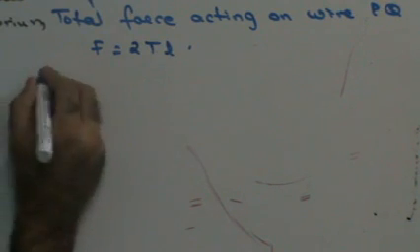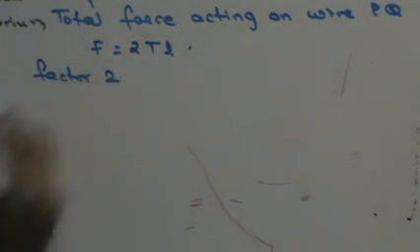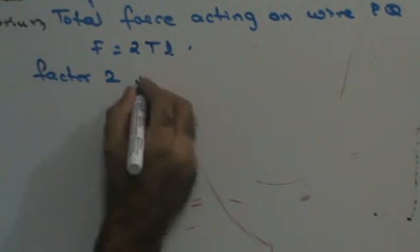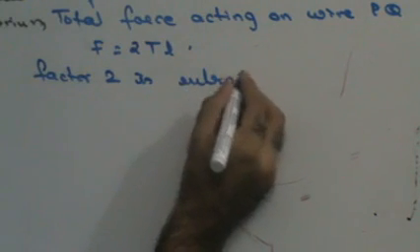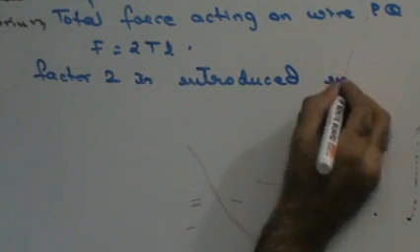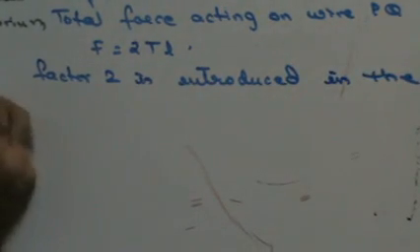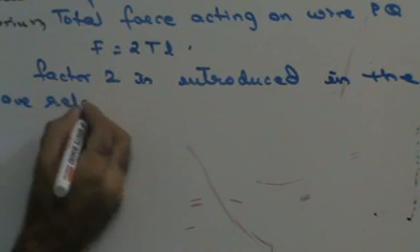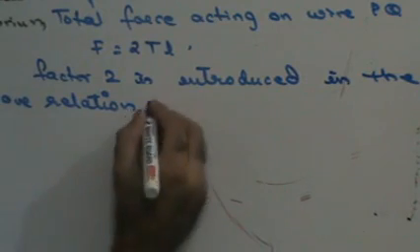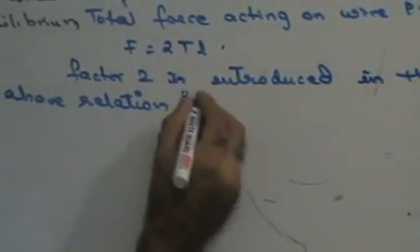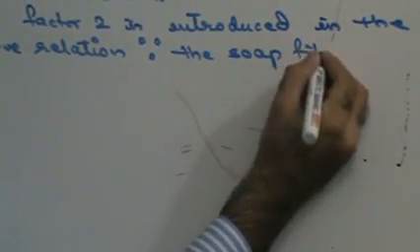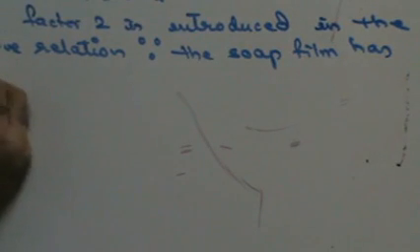Ideally, the tension should have been TL, but the factor 2 is introduced in the above relation because the soap film has two sides.